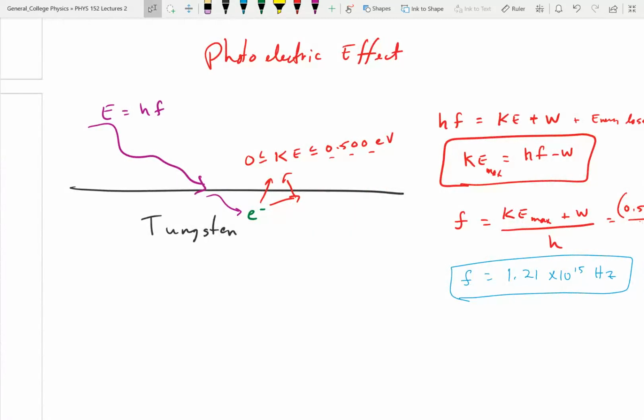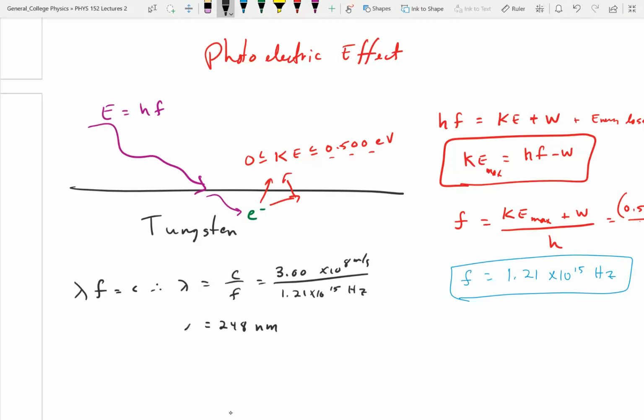Now, I also am to find the wavelength, so now I will simply take wavelength times frequency is equal to speed of light. Therefore, wavelength is equal to speed of light divided by frequency is equal to 3.00 times 10 to the 8th meters per second divided by 1.21 times 10 to the 15th hertz, and that's equal to 248 nanometers.